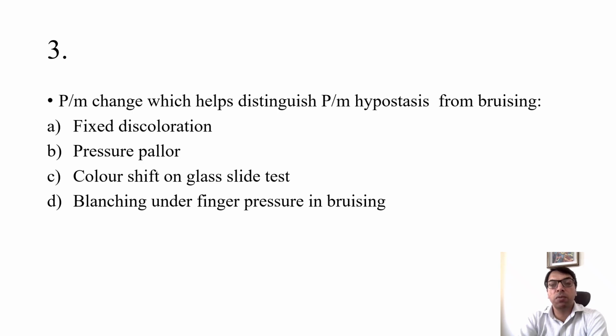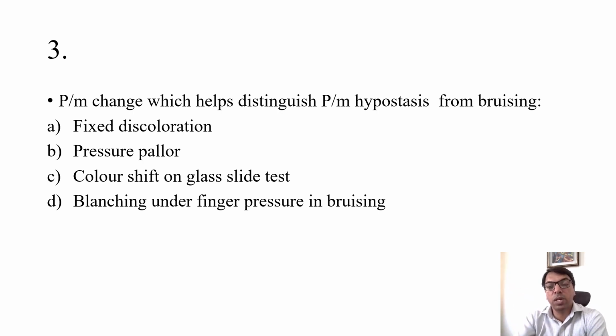It is accumulation of blood in the lower area of the body when it is lying in that position for long after death of the individual, whereas bruising is because of accumulation of blood due to rupture of vessels in subcutaneous tissue. So fixed discoloration is not the answer, because bruising also leads to fixed discoloration.